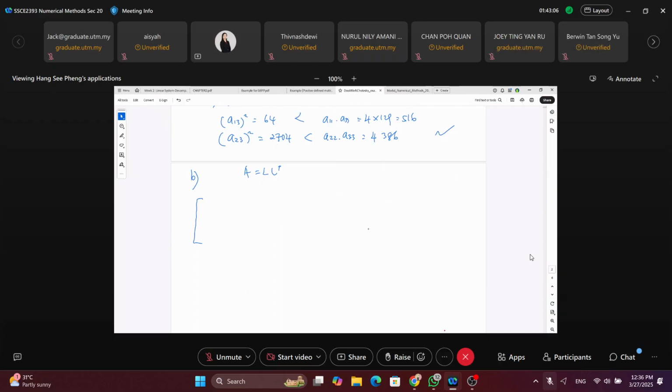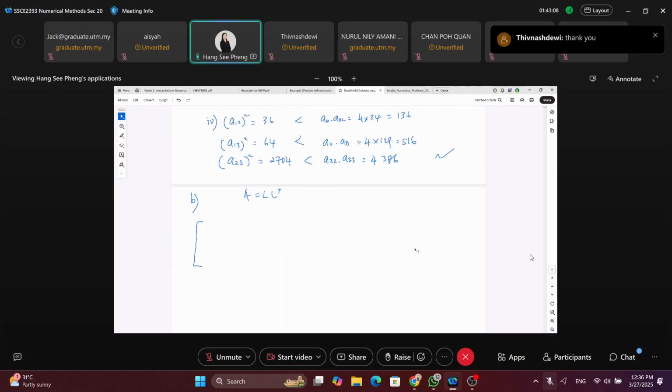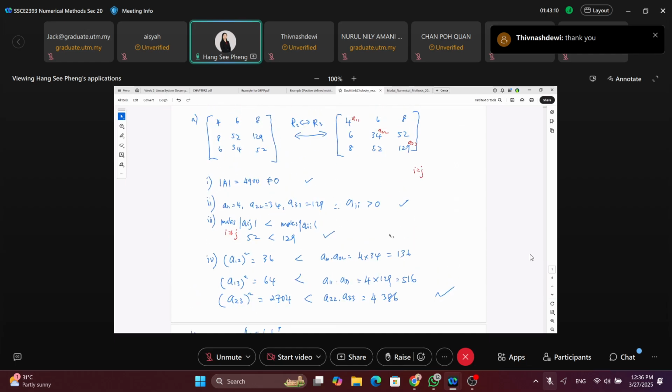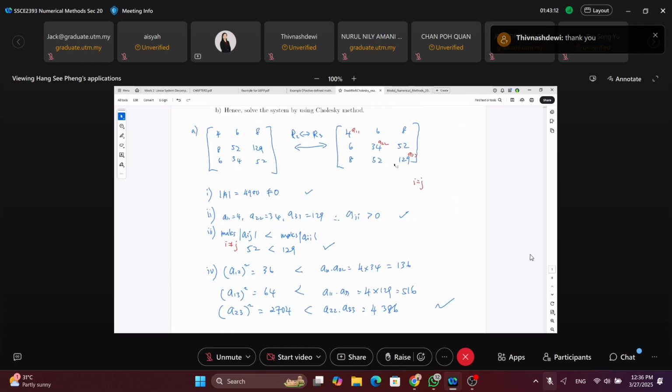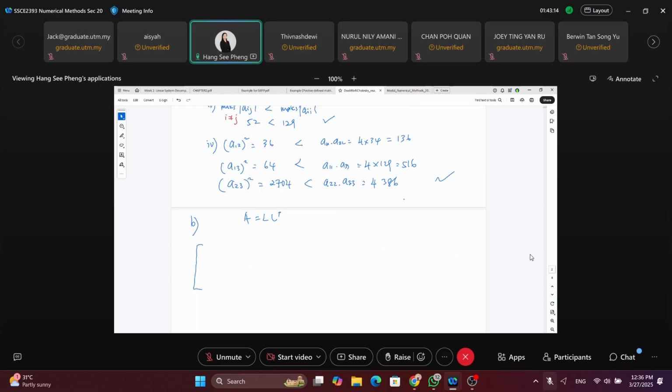Okay, yeah, proceed. Just now we have the A. Use the one that you already made into the symmetry form. Matrix A equals to Cholesky.